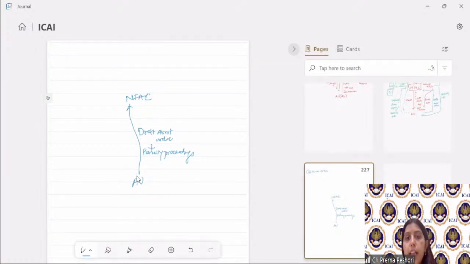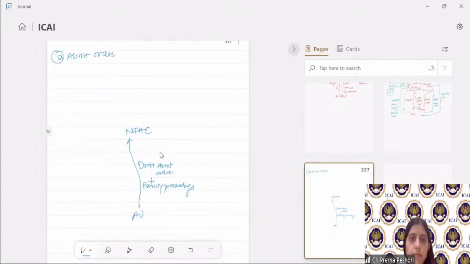Now, NFAC, what it will do, it has two options. One option is to finalize the assessment. NFAC can finalize the assessment in case there is no variation which is prejudicial to the interest of the assessee.